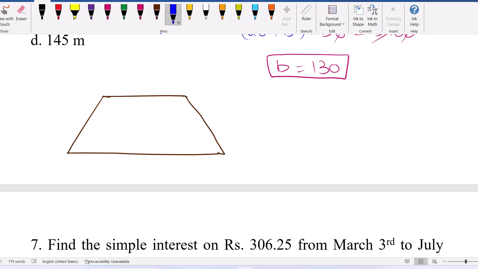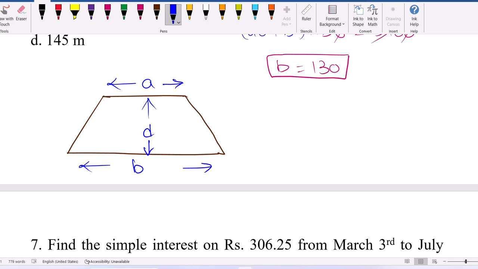Parallel sides are A and B. The distance between them is called D. The line drawn perpendicularly between the parallel sides is the distance, the shortest path between parallel sides.